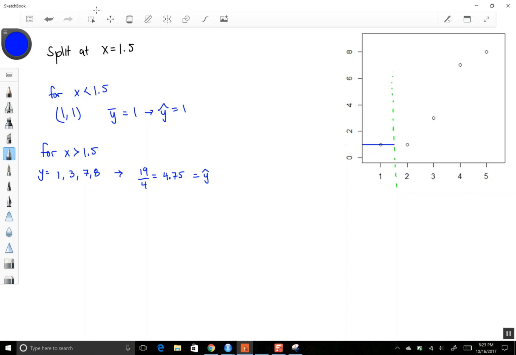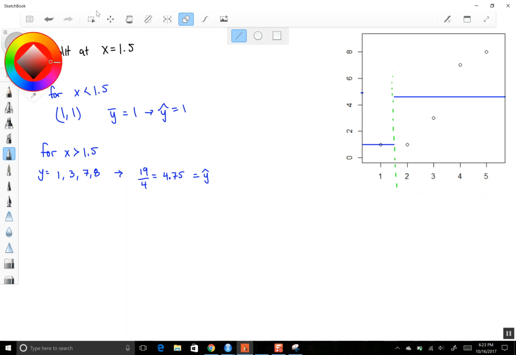So 4.75 will be somewhere around there, right here. This is what I have. Then we'll calculate the residuals for each of these. We have no residual here, and then we've got these residuals.